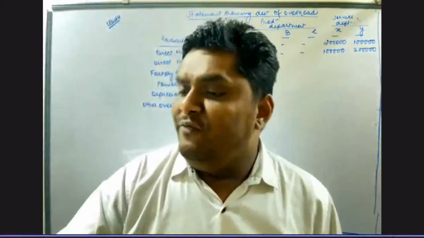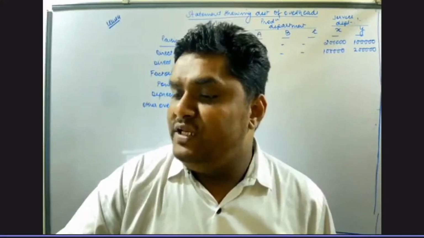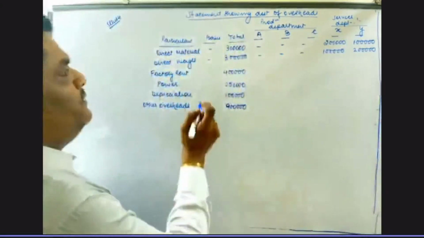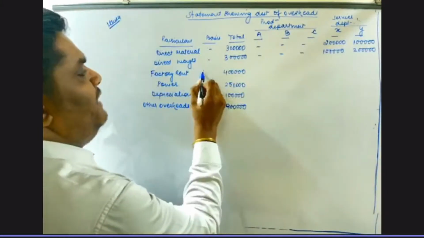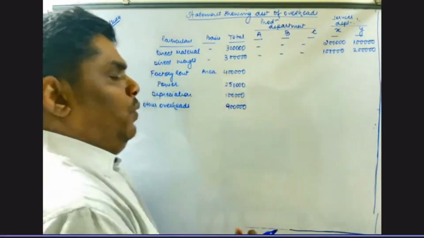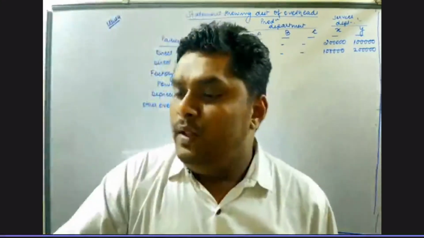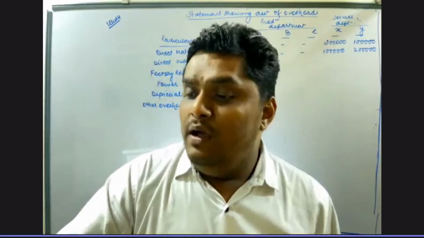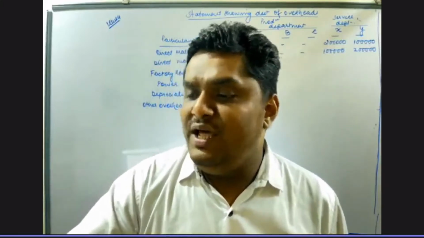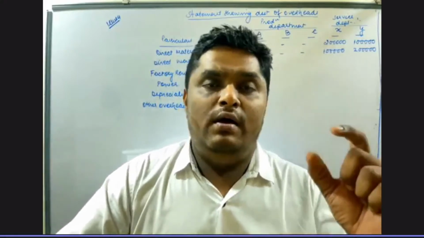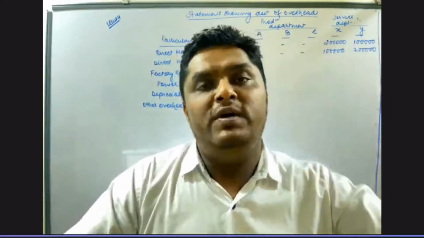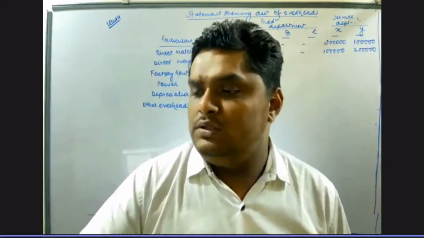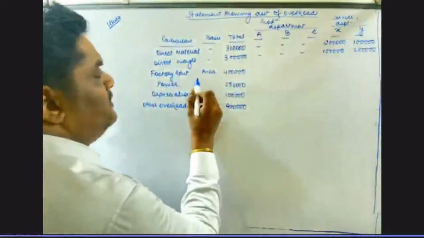When talking about the factory rent, the additional information given in the question is the area in square feet. So the factory rent will be distributed in the ratio of area. When talking about the power cost, the total horsepower is not given, but the horsepower of machine plus the machine hours are given. So we will multiply horsepower into machine hours, and the ratio will be used to distribute the power cost.